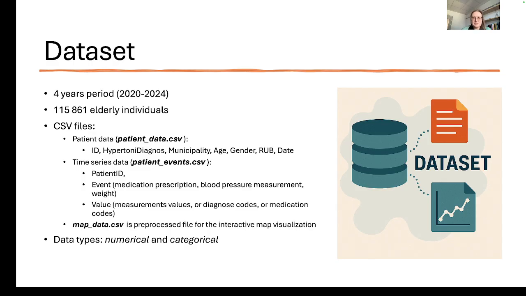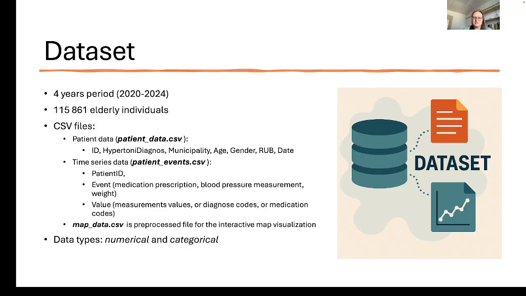And then we have time series data. This data is about different events that happen with the patient, different recorded events like measurement of the blood pressure, which consists of systolic and diastolic blood pressure, the weight, length, any medication prescriptions, any diagnosis, and so on.